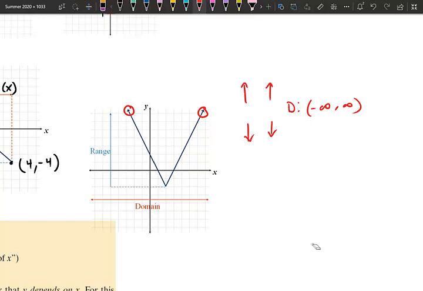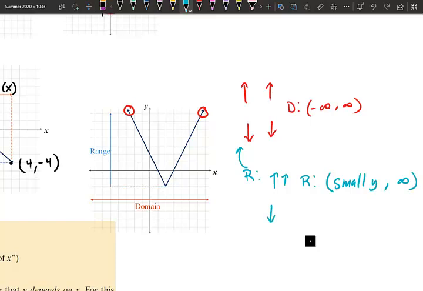So for our range, it's a little different. Whenever you have double arrows, your range goes up, so if we have double up, the range is going to be smallest y to infinity. If it's double down, your range will be -infinity to biggest y.